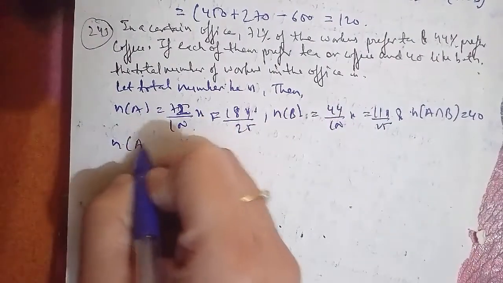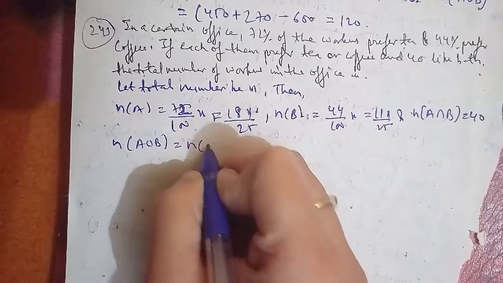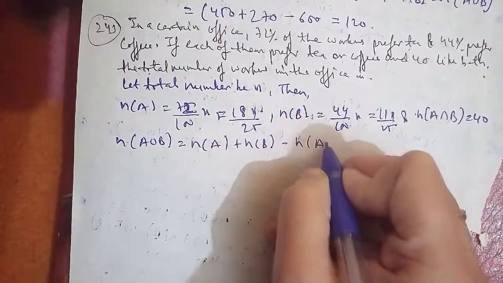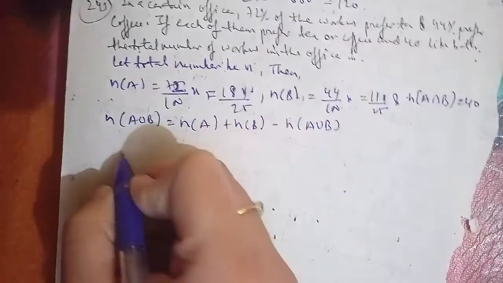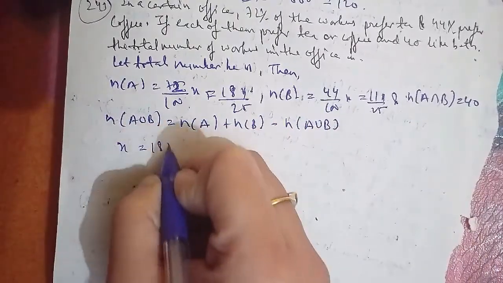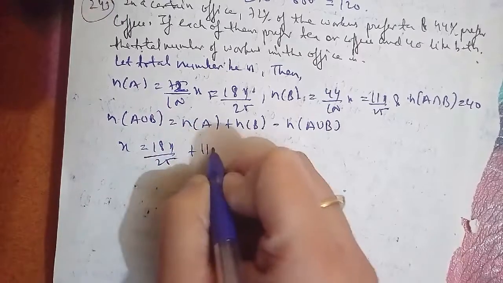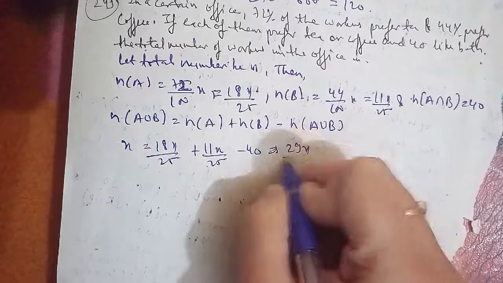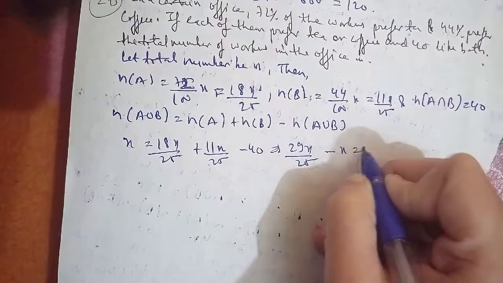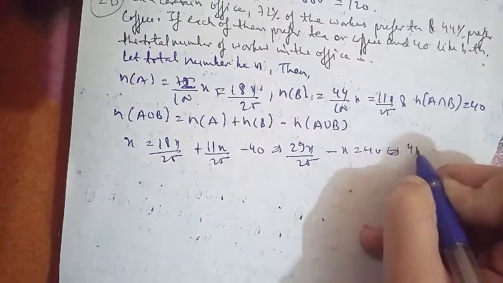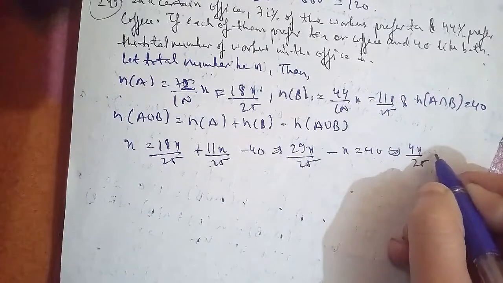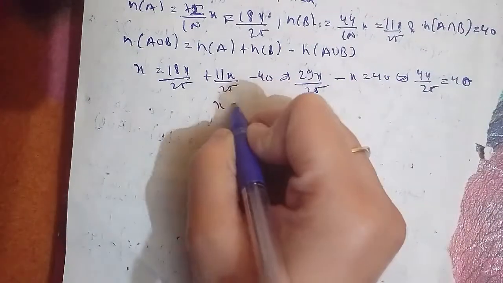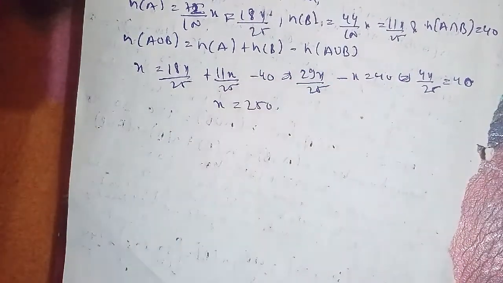So n(A ∪ B) = n(A) + n(B) − n(A ∩ B). We'll put the values here: 18x/25 + 11x/25 − 40, 29x/25 − 40, which gives 4x/25 = 40, so x equals 250.